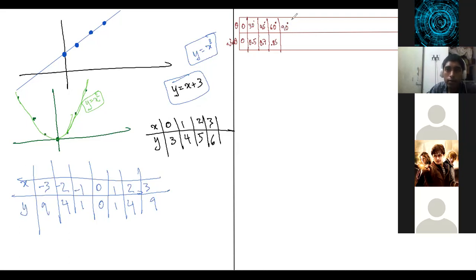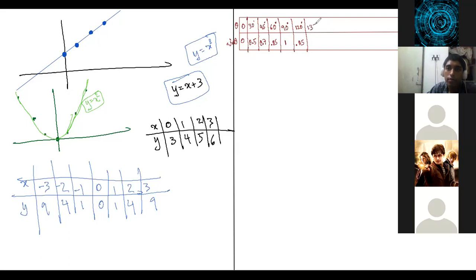Sine 90 is 1. For 120, sine theta equals sine of pi minus theta. So what is pi minus 120? 60. So this value will be 0.85. Sir, it will go on decreasing from that.